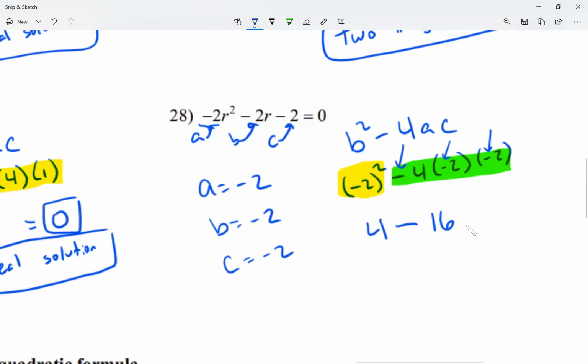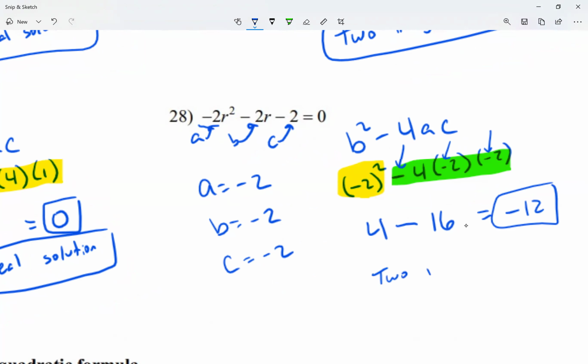For me to find my discriminant, I do 4 minus 16. My discriminant is negative 12. Because my discriminant is negative, I'm going to get 2 imaginary solutions.